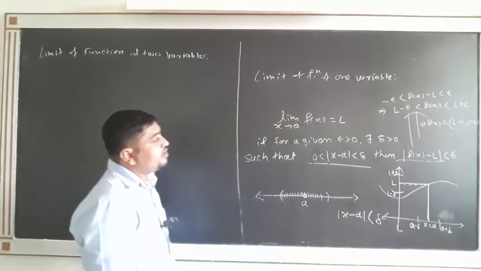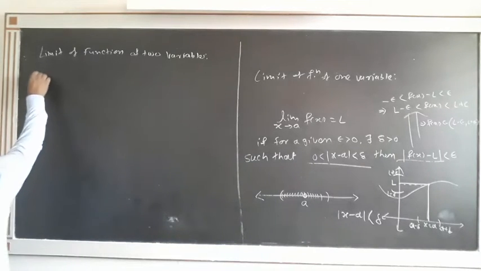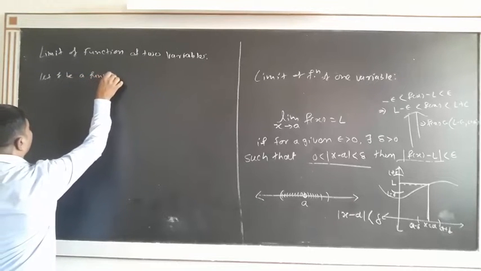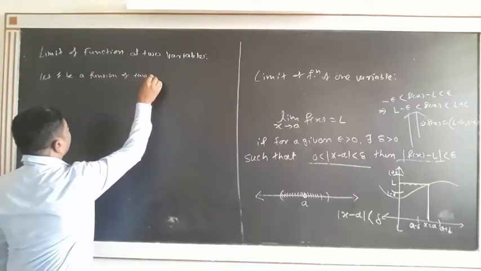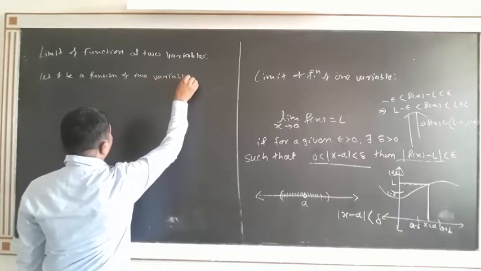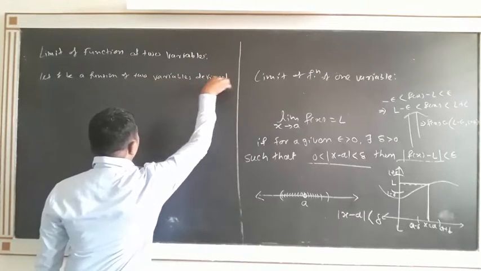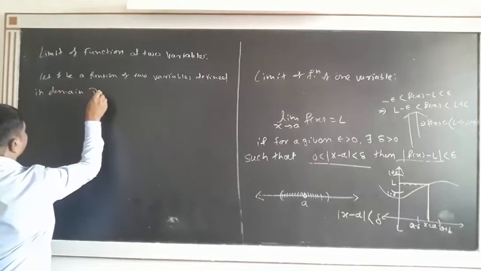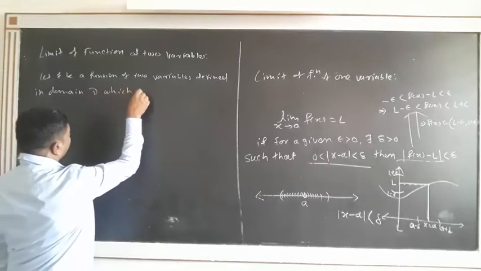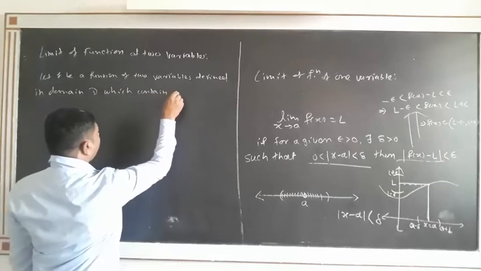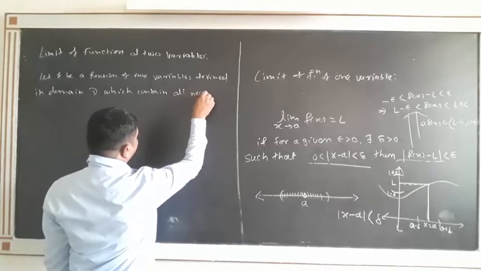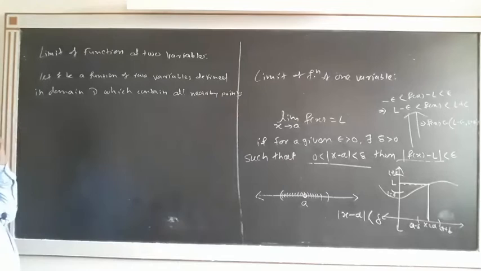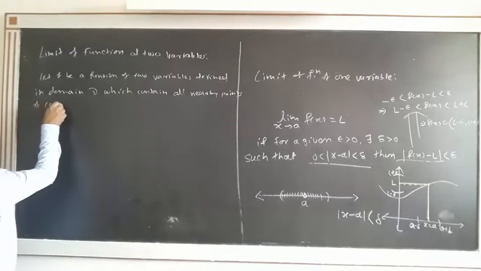So how do we write the definition? Let f be a function of two variables defined in a domain D, which contains all nearby points of (a, b).